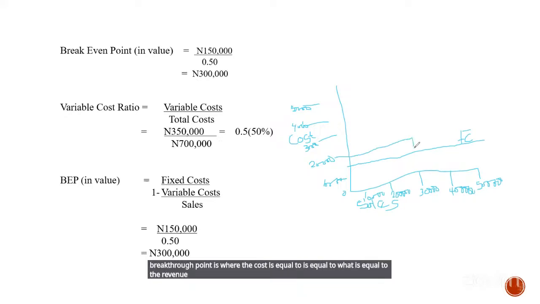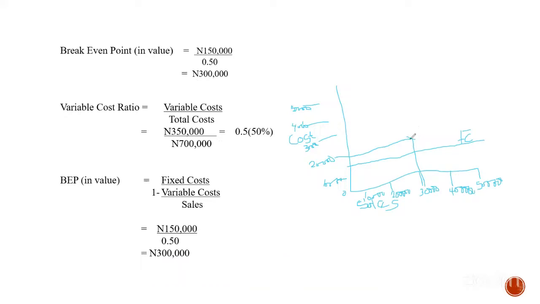Let's assume this is it. At this point is what we call the break-even point, the point whereby your cost is equal to your sales.